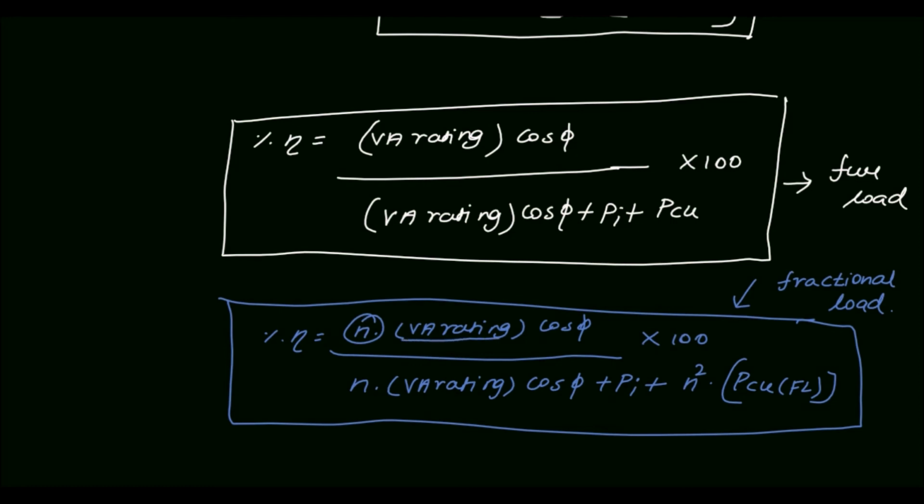This is the VA rating of the transformer, cos phi is the load power factor, Pi is the iron loss, and this is the new copper loss. So based on the given problem, whether full load or fractional load is applied, we have to use either of these formulas. For full load we use this formula, and for fractional load we use this formula. Based on the load we have to calculate n and substitute the values.